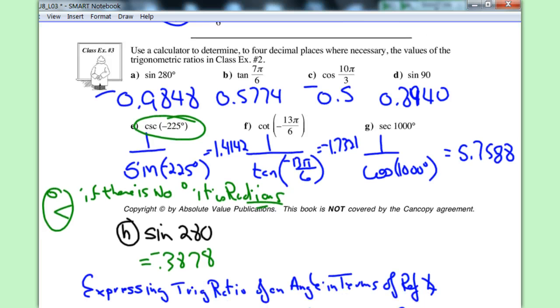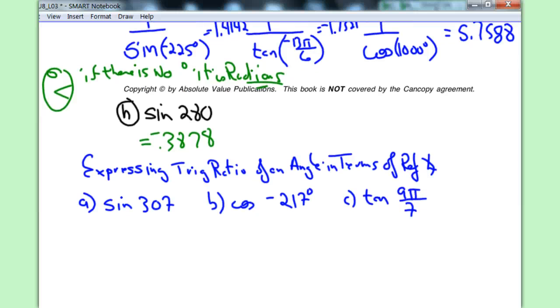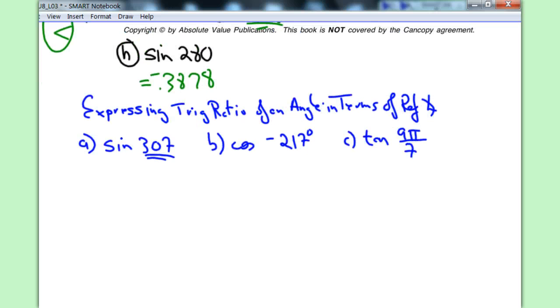Okay, I'm just squeezing in something, and you need to put it on a scrap piece of paper or something. On the next slide, it talks about putting things in terms of reference angles, and I just wanted to review it in terms of degrees before they do it in the next one. So back in Math 20, if I said, hey, what's the sine of 307, I want to put reference angles and the CAST rule together. So express sine of 307 in terms of a reference angle. In other words, when you get that decimal and you calculate, why do you get it?